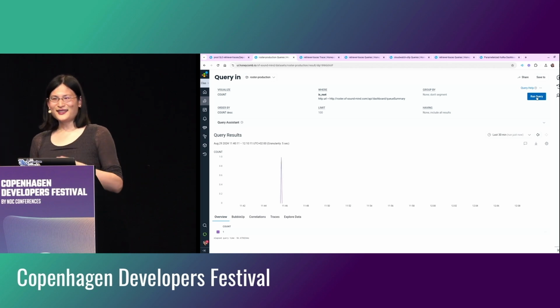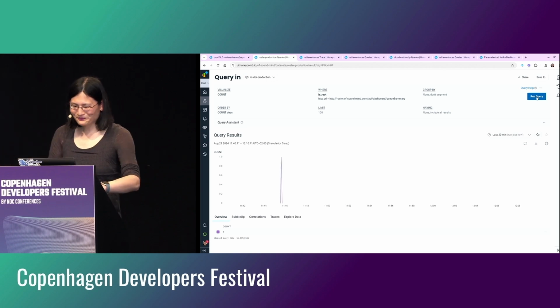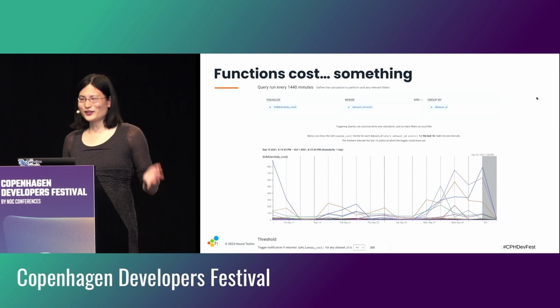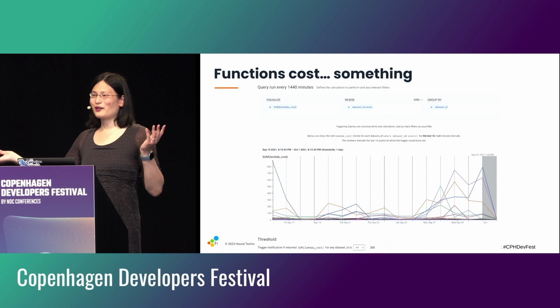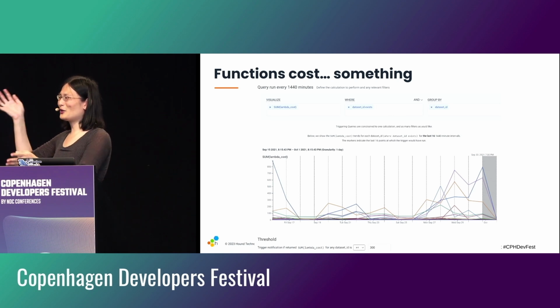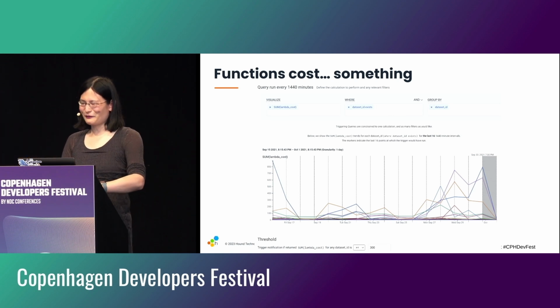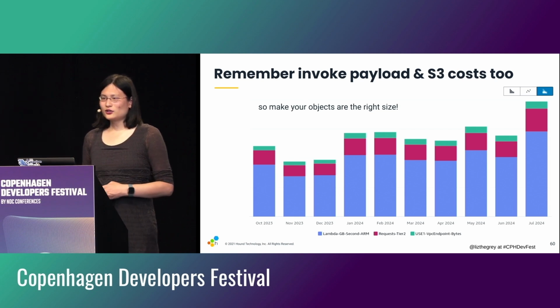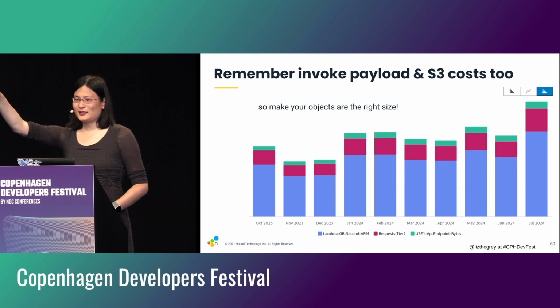And suddenly that starts really adding up. So we've had to set alerts based off of the Lambda cost, and computing the Lambda cost is pretty straightforward because you multiply the duration of the invoke by the price per millisecond, and it's glorious.